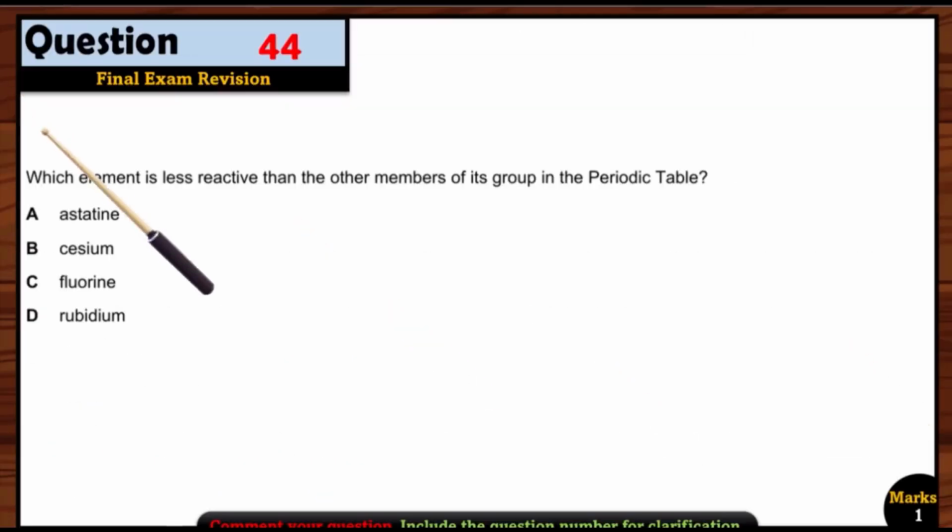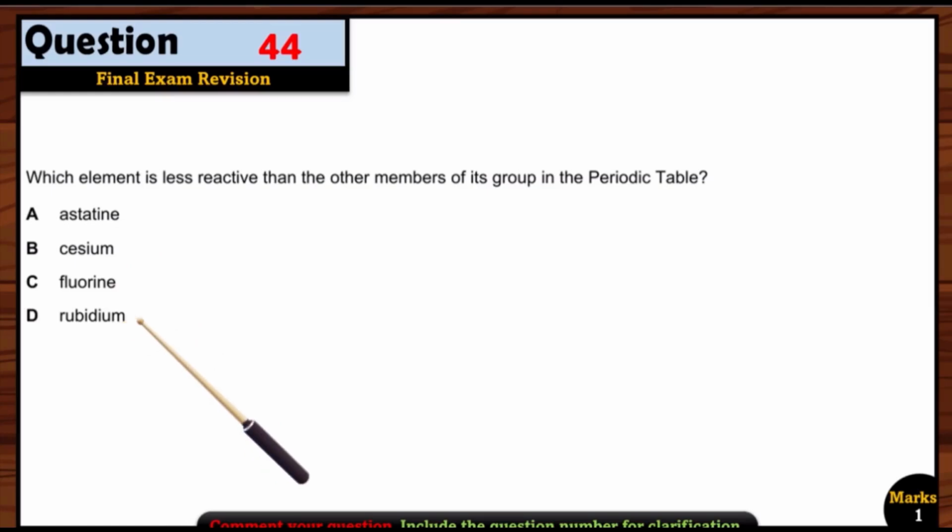Let's take question 44. Which element is less reactive than the other members of its group in the periodic table? So these elements all belong to group 7. If you look at group 7, astatine, cesium, fluorine, and rubidium. The reactivity decreases down the group in group 7, so we have to find the one at the bottom of the group.